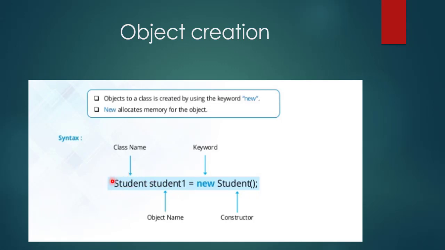If we have a class Student, this is the class name, it must be the same. The object's name may be anything, equals new keyword, and then again the class name and the open and close parentheses followed by the semicolon. This is how to create objects.